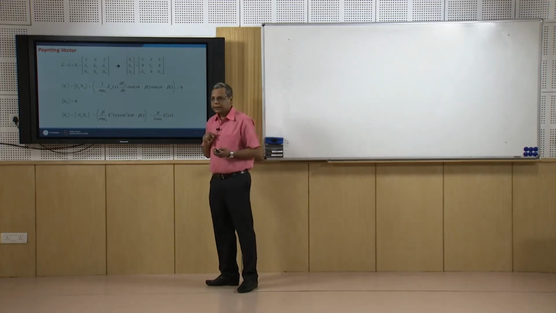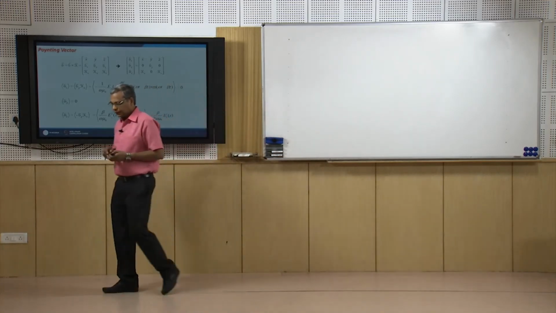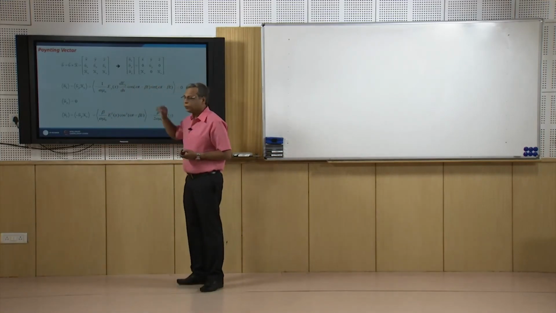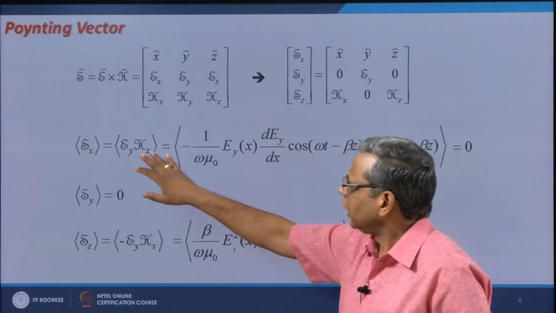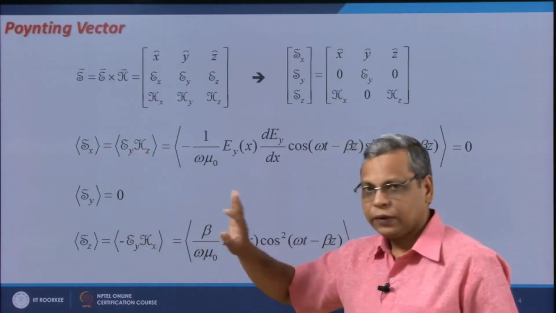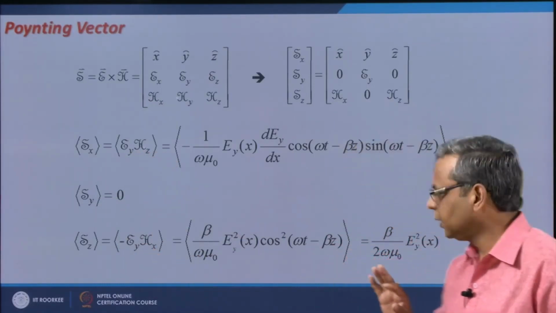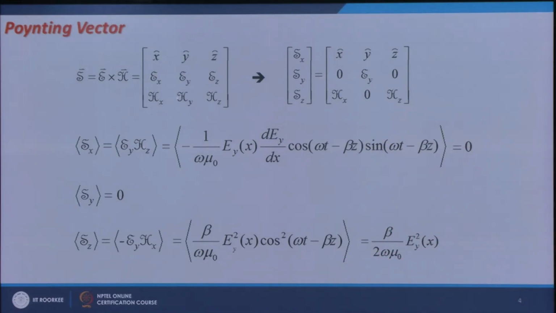So, what do I see? I see that for TE modes, the average value of Sx and Sy is 0, and I get the average value of only the z component.